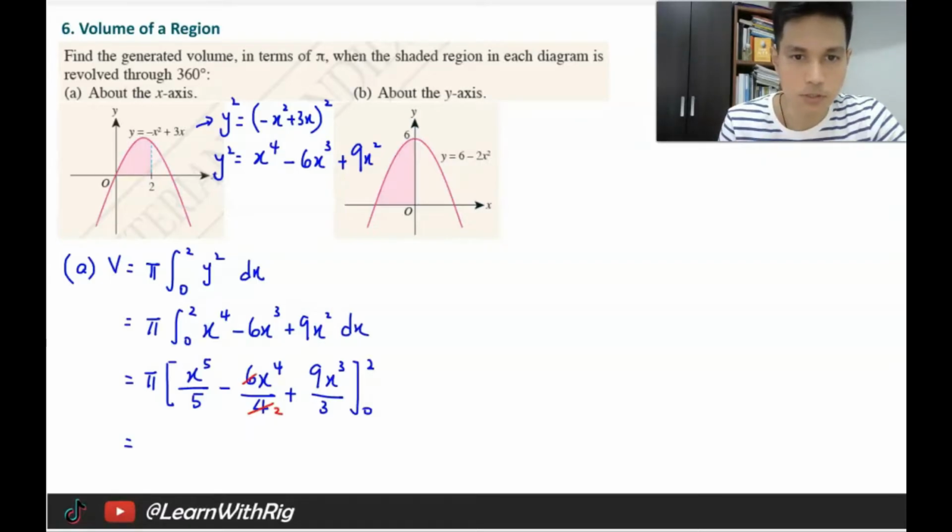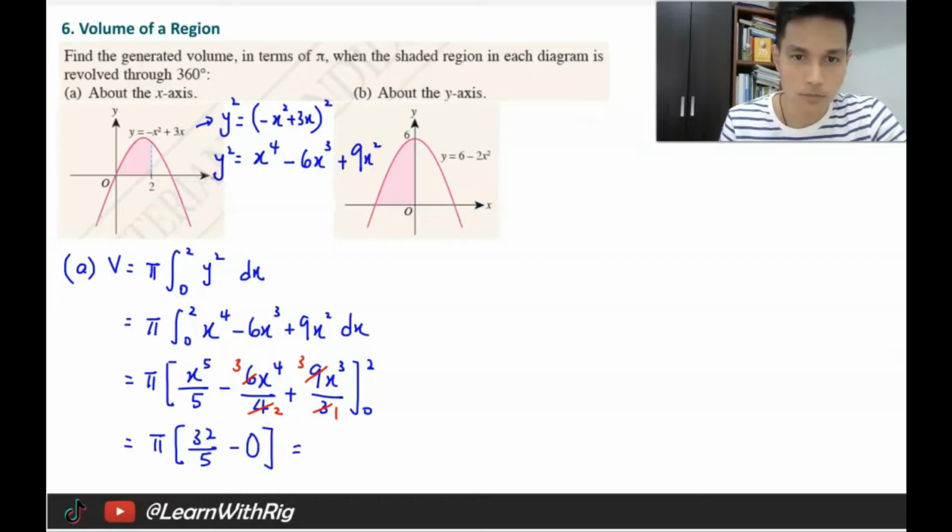Now you just have to substitute each of these. I'm not going to substitute, I'm just going to write the answer straight away. You should get pi times, when you substitute 2 in it, 32 over 5, minus, when you substitute 0, you get 0.